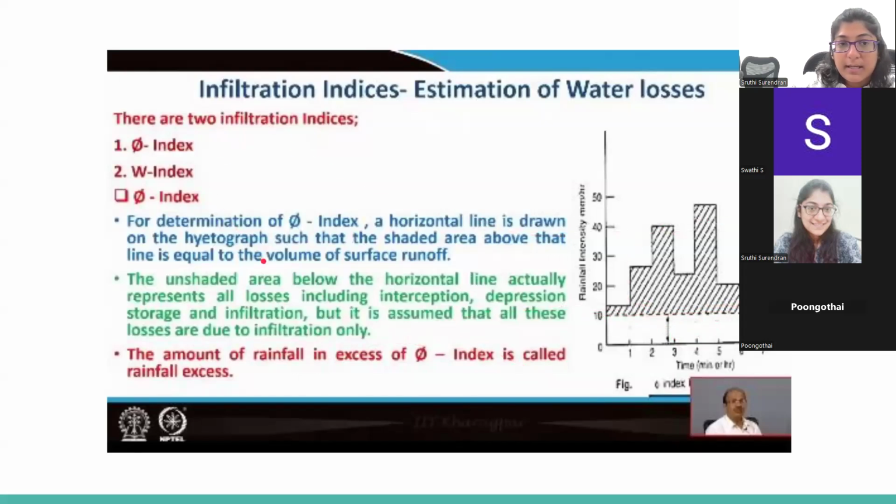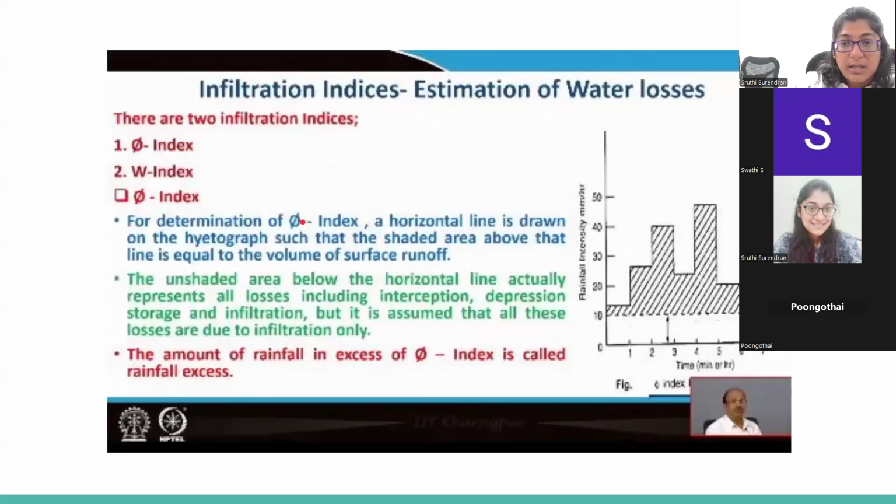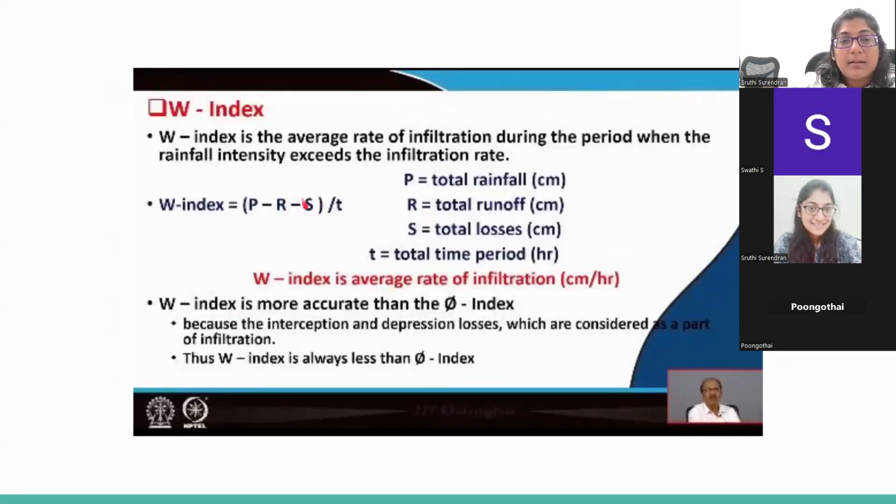Now there's one more index called the W index. The W index gives us the rate of infiltration when rainfall exceeds the infiltration rate, and here the losses due to interception and depression storage are taken into consideration and removed. With the phi index you calculate all of the losses together, but here interception and depression losses are removed, and only the average infiltration rate, or the infiltration loss, is obtained using the W index.